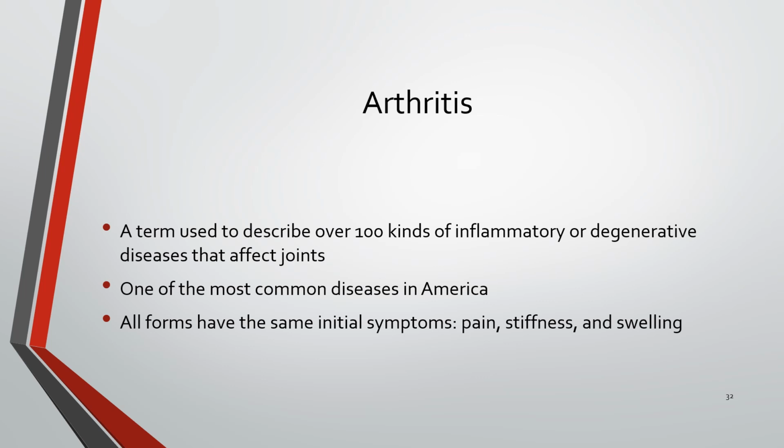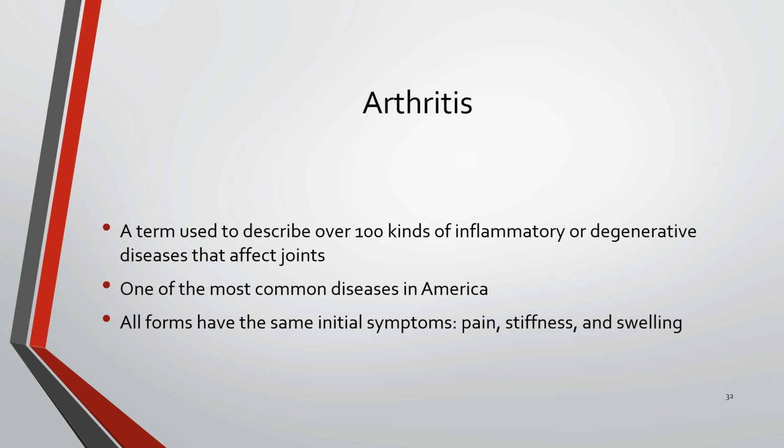Okay, just a couple different terms in regards to some of the issues that we have at our joints. Arthritis is a term that we use to describe over 100 types of inflammatory or degenerative diseases that affect our joints.